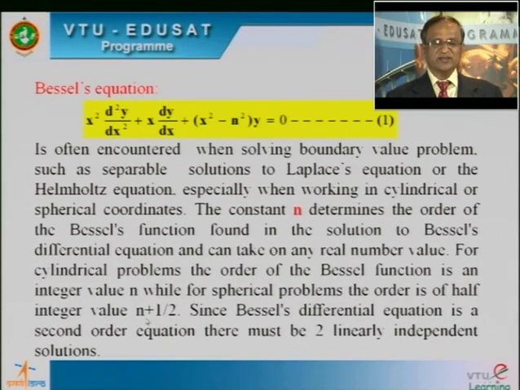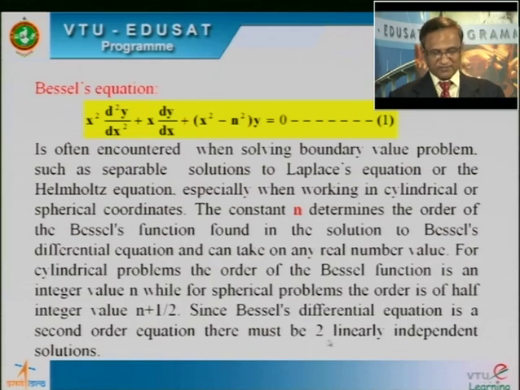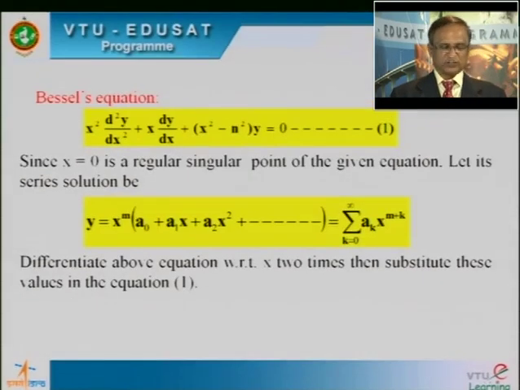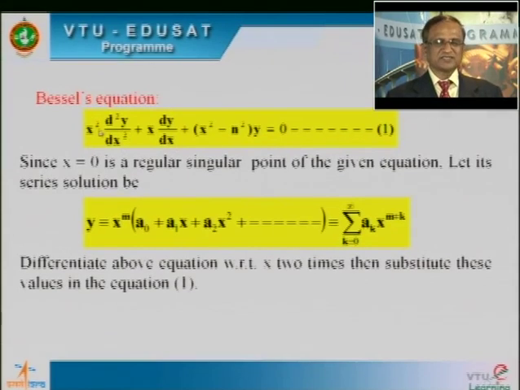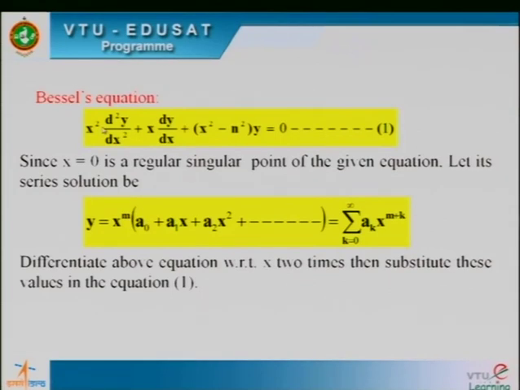So how we are going to write down n plus 1 by 2. Since Bessel's differential equation is a second order equation, there must be two linearly independent solutions. So it means the order of the given differential equation is 2, and we know that you will get two independent solutions, right. So okay, now you want to find out the solution of the Bessel's equation. So far we have discussed how we are going to recognize Bessel's equation and what are the two independent solutions.